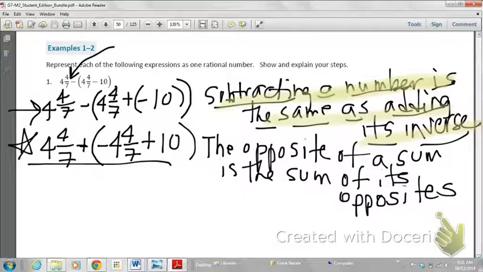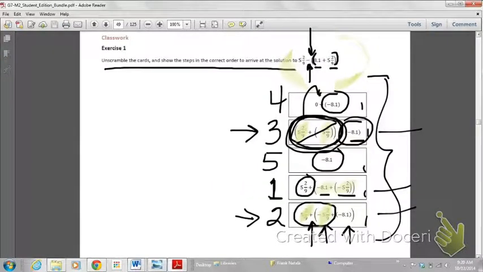All right, so for the next step, let's use associative. If you remember associative from over here, that was step number 3. What associative tells us is we can change where things are located, and we did that right here. If you remember, we put these two in the same parentheses, taking the 1 out of the parentheses in step 2.